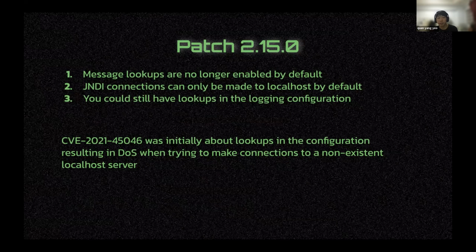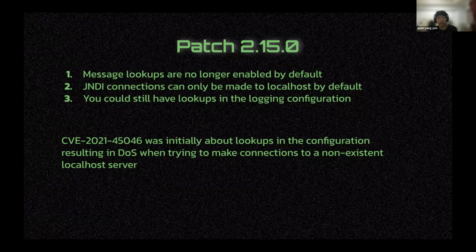They also restricted JNDI connections to only localhost servers. Having said that, you could still do a lookup, but you would need it to be in your logging configuration, which is not uncommon. There are instances of services that were logging certain contexts in their configuration that could still be vulnerable.